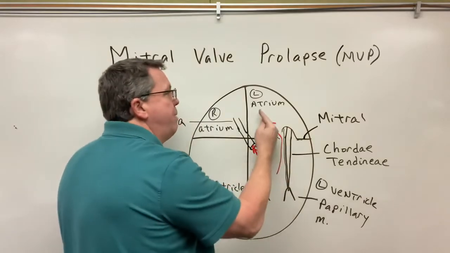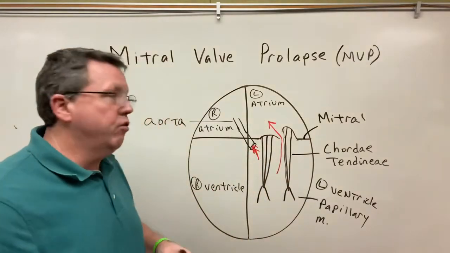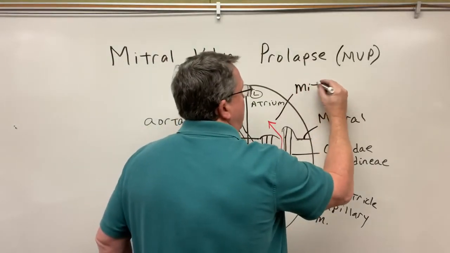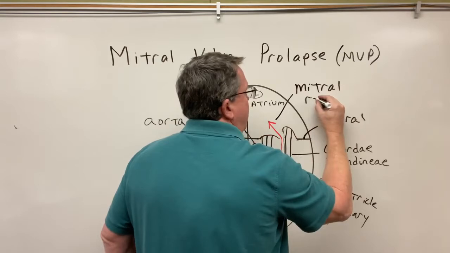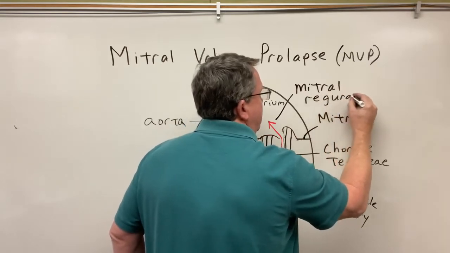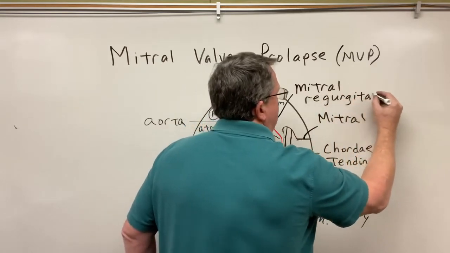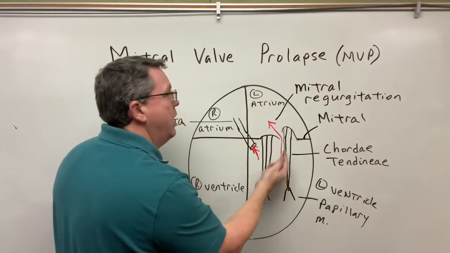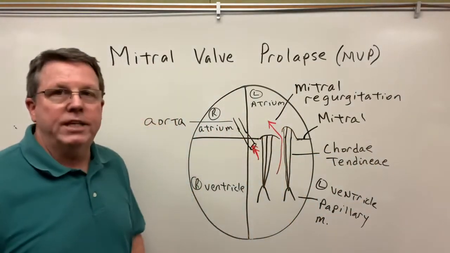When blood goes the wrong way, back into the left atrium, we're going to call that mitral regurgitation. Okay, again, mitral regurgitation means the blood is going back in the wrong direction.